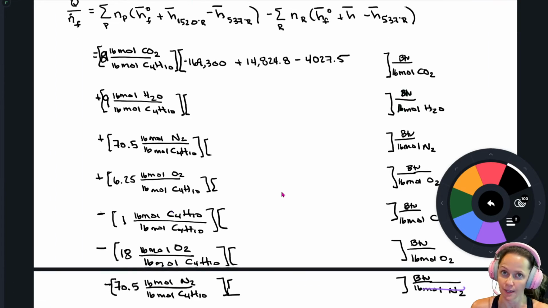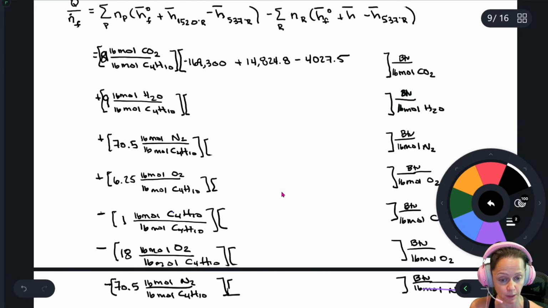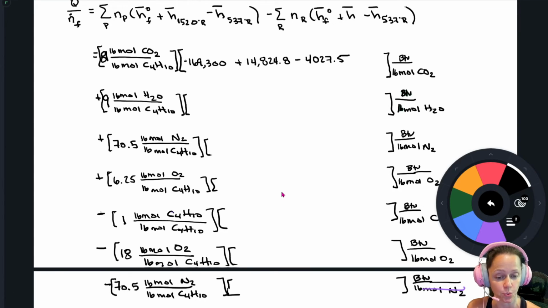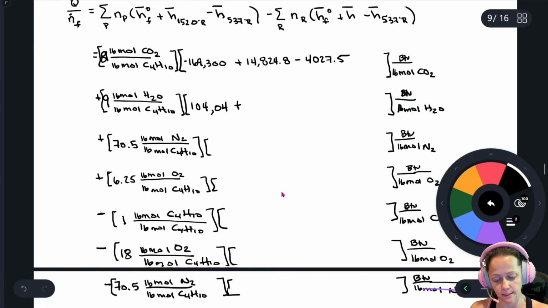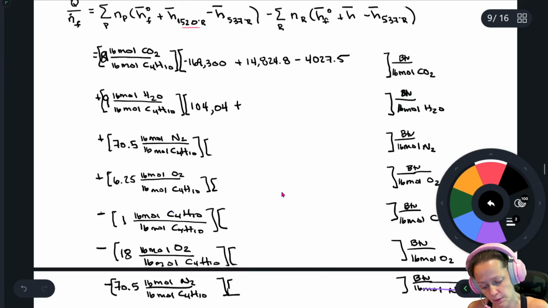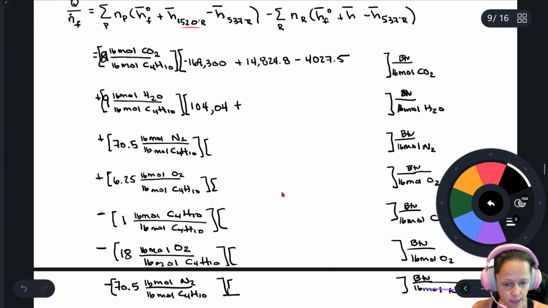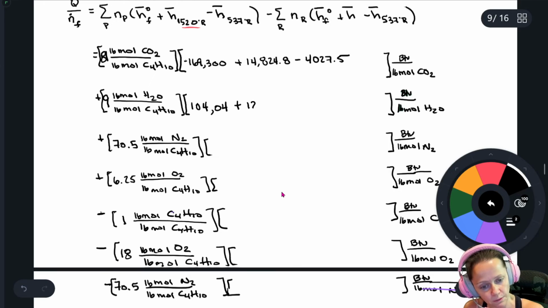All right, so the next one, we've got water. The enthalpy of formation for water vapor, as we see in table A25E, is 104,040. Enthalpy at 1520 degrees Rankine ends up being 12,738.8.